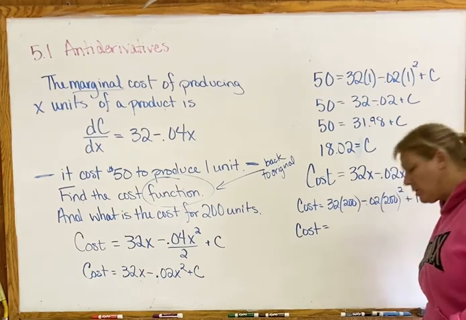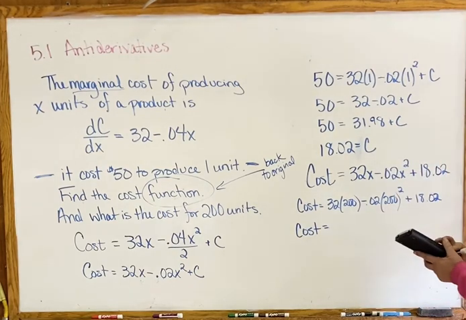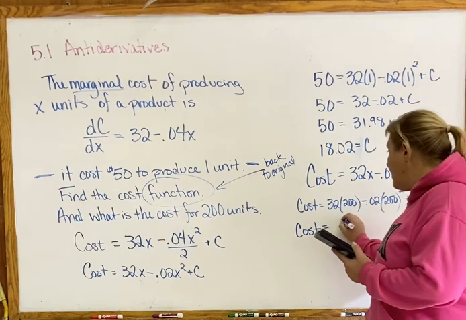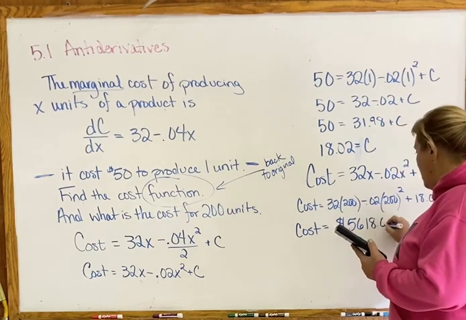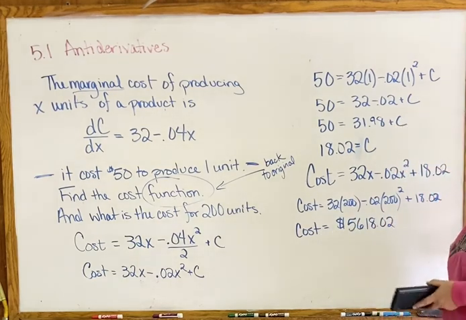One more time, sorry: 32 times 200 minus 0.02 times 200 squared plus 18.02. The cost is $5,618.02. So I apologize for that.